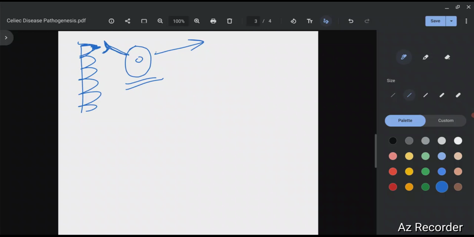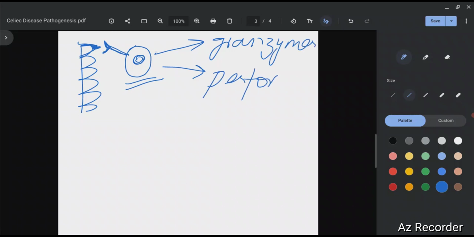When cytotoxic T cells bind to a cell they are trying to attack, they secrete two things: granzymes and perforins. Anywhere in the body, cytotoxic T cells, when they have to kill a cell, secrete granzymes and perforins. Even if they want to kill a virus, they will do like this.